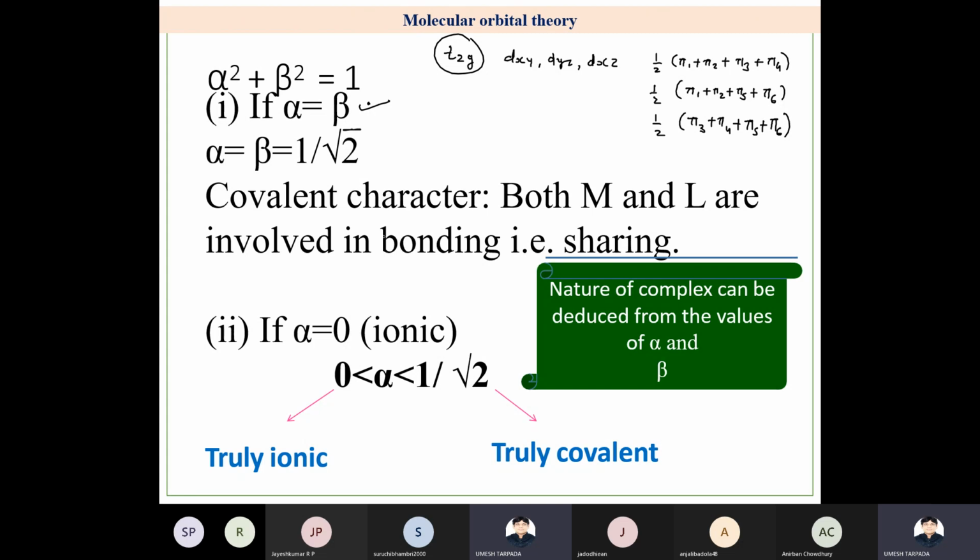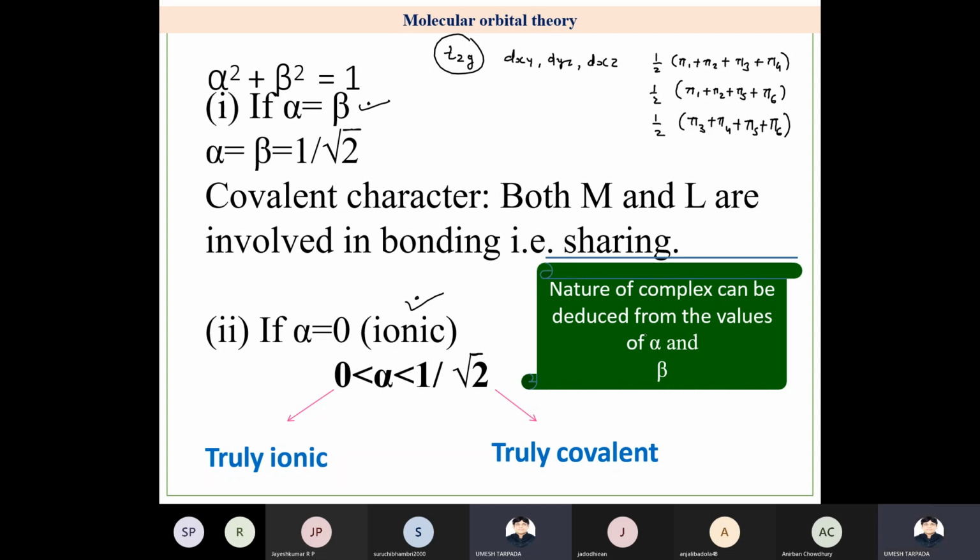So therefore, see, covalent character, that is both metal and ligands are involved in the bonding, that is sharing. If alpha equal to 0, then it is purely ionic. Alpha value gives covalent character. If alpha value is 0, it is ionic. But if alpha value is 1 upon root 2, then it is truly covalent. And if it is in between 0 and 1 upon root 2, then it is partially ionic, partially covalent.